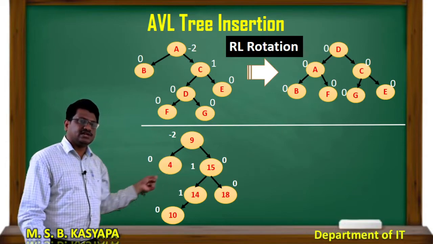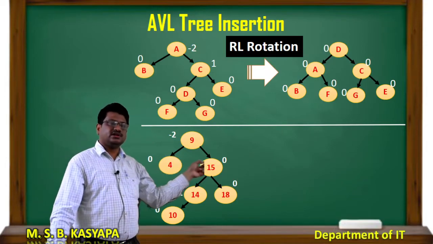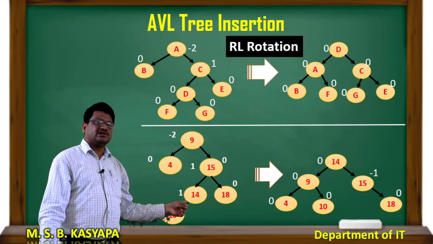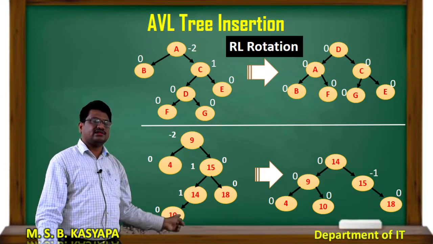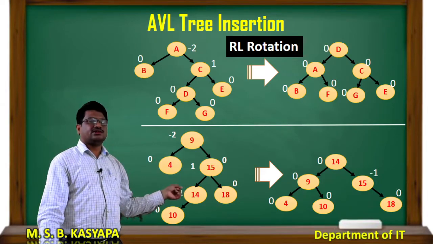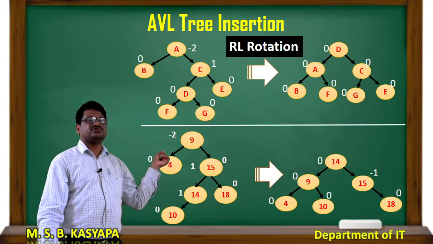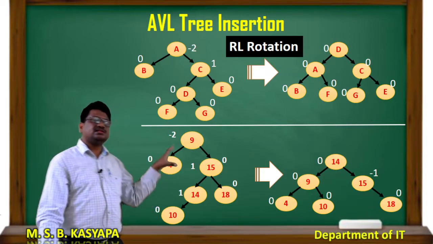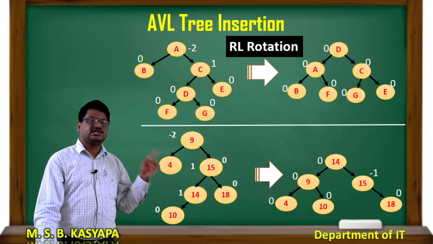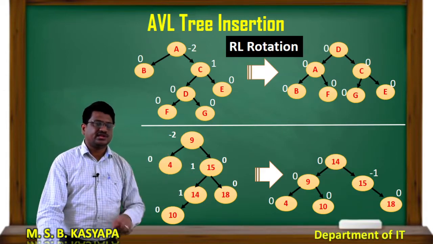If it has any left children, they will become left children only, and the right children will become right children. If this particular node contains any left values, they move to the left subtree. Now finally this subtree will be converted like this: 14 root, left children 9, 4, 10, right children 15, 18.